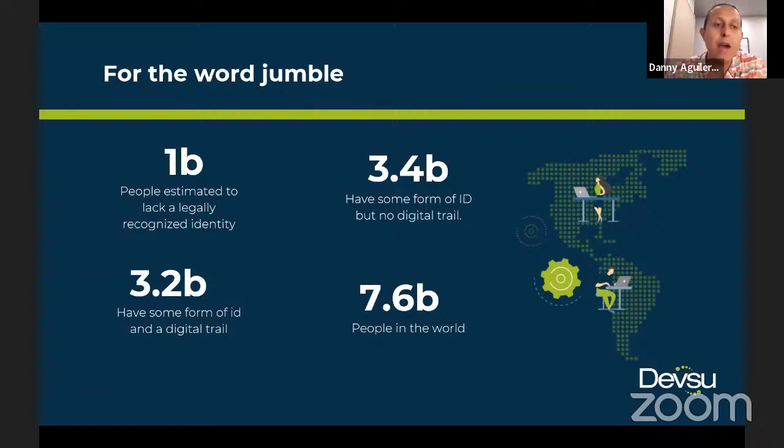And then we have 3.2 billion people that have some form of ID with a digital trail. This means that your country, perhaps when you got your ID card or your driver's license, instead of having your fingerprints taken with ink and placed on paper, had them scanned with an actual machine. Some customs personnel in some countries, when you get in or you get out, ask you for your fingerprints.